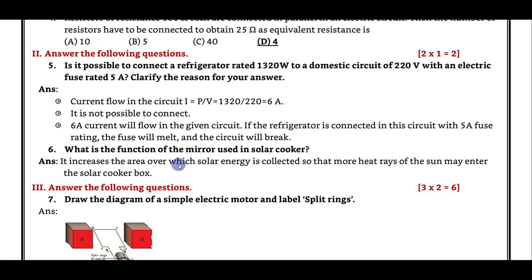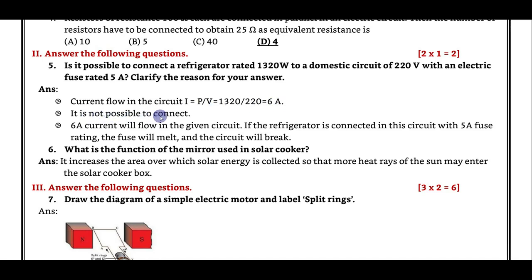Fifth question, is it possible to connect a refrigerator rated 1320 watts to a domestic circuit of 220 volts with an electric fuse rated 5 amperes? Clarify the reason for your answer. We know power equals V into I, so current I equals P by V, we get current 6 ampere.